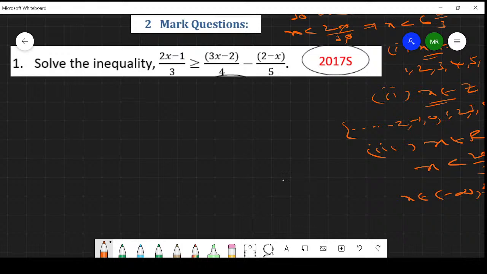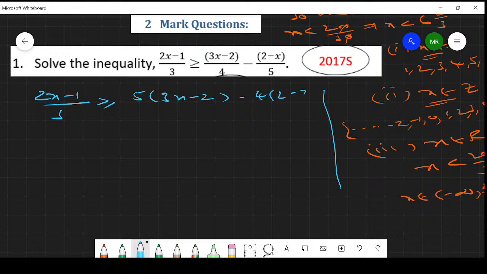Now you can see what I will do here. I take (2x minus 1) by 3 to simplify. (2x minus 1) by 3 greater than or equal to, take the LCM, which is 20. You will get 5 into (3x minus 2) minus 4 into (2 minus x), because 4 fives are 20. Do the LCM now and you can simplify.